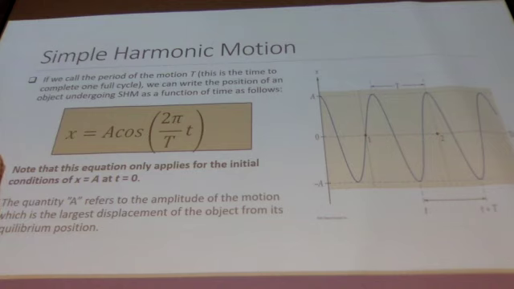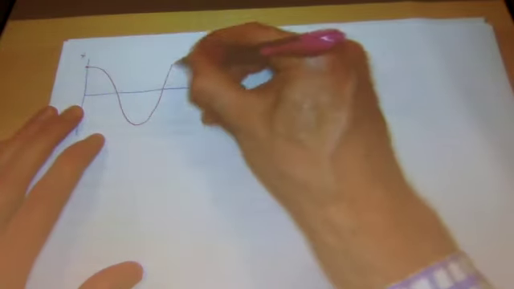Okay, so this is x versus t. So this is x equals A cosine omega t. It starts at x equals A, so at t equals 0, x equals A. And it's at rest at that point.